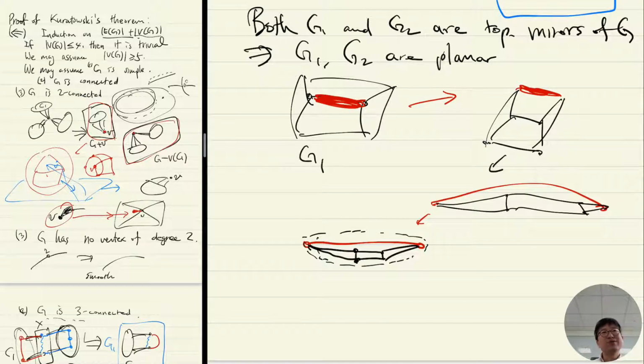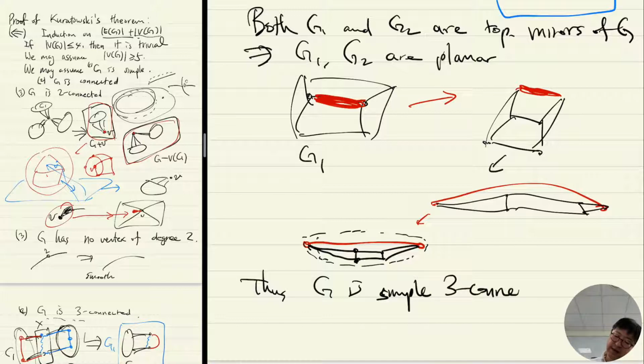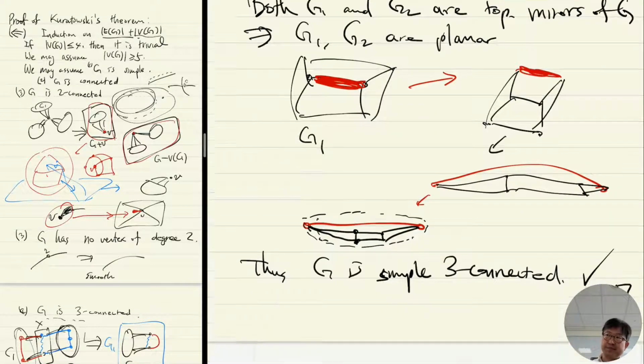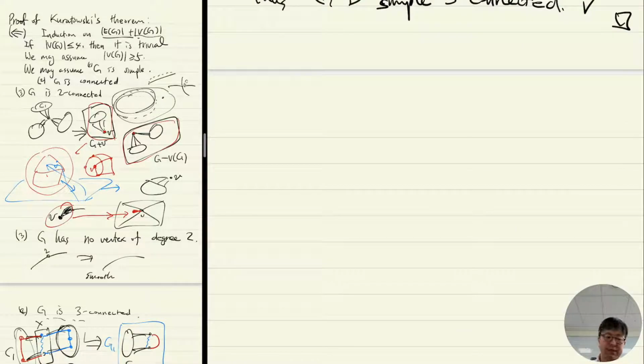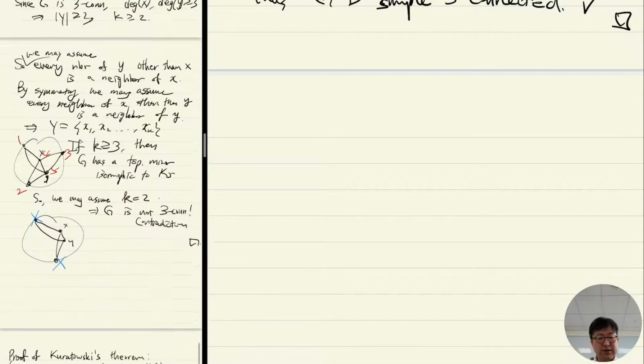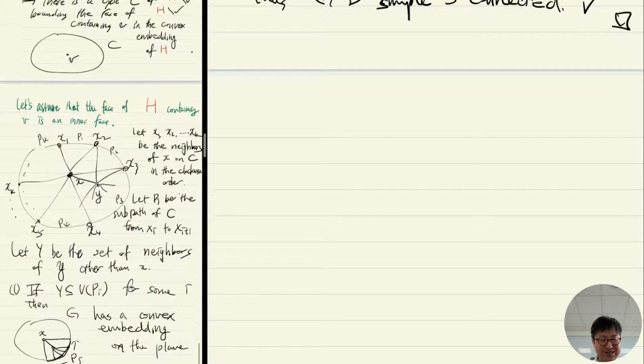So that's how we draw it. So now, thus G is simple, 3-connected, and then we are done because we knew the theorem is true. Right. So this proves the Kuratowski theorem.